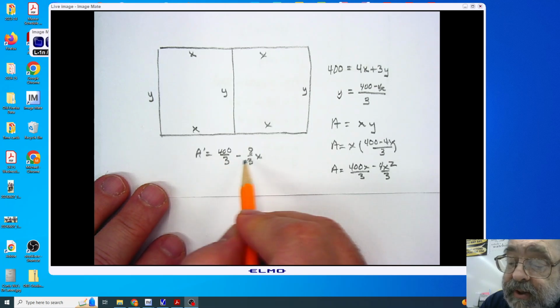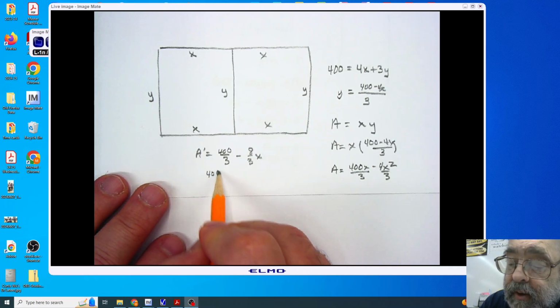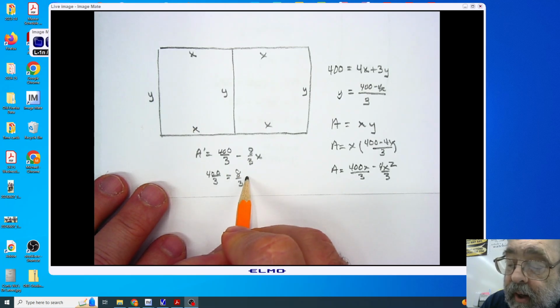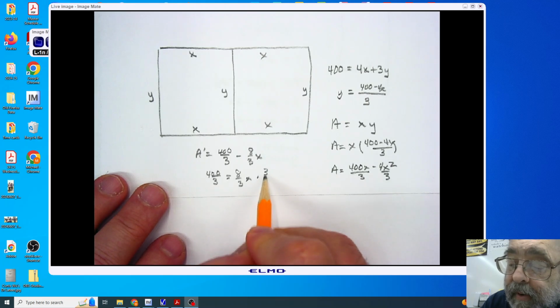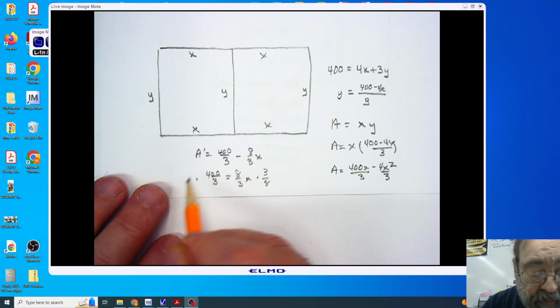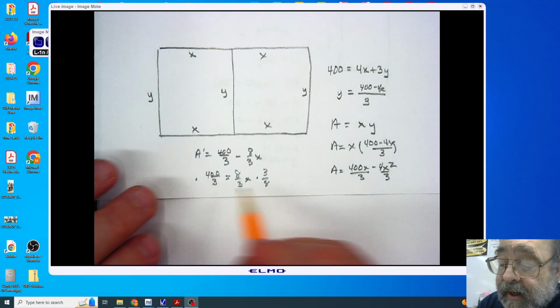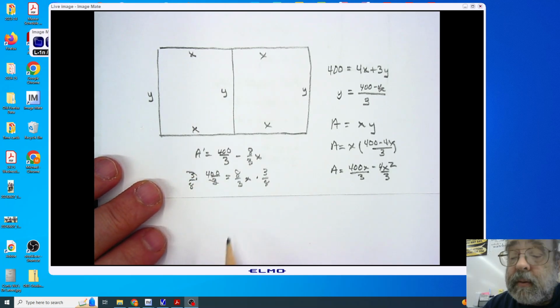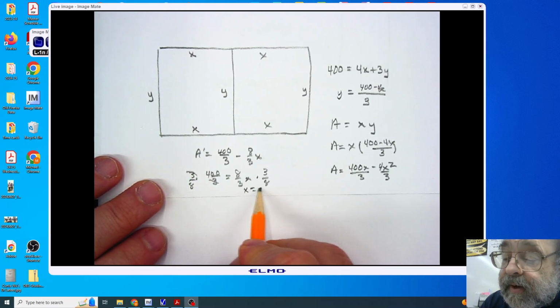So if it's equal to 0, I have 400/3 equaling 8/3 x. And when I multiply by the reciprocal, I will end up getting 50 for x. The 3's cancel, and I have x equal to 50.